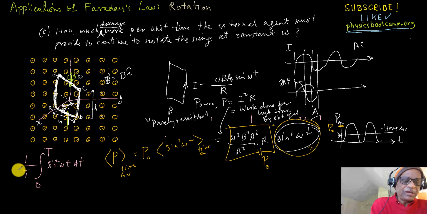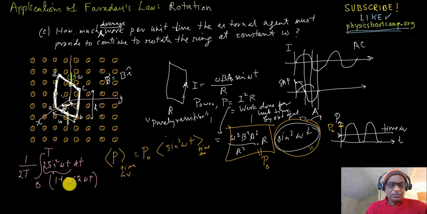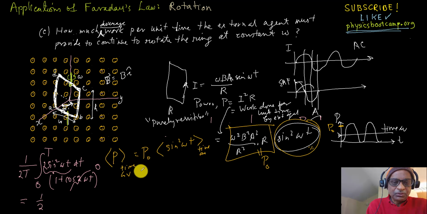Using the double angle, that becomes 1 plus cosine 2 omega t. Over any number of periods, this integral gives 0, and the other gives just the period. So this is equal to 1/2.